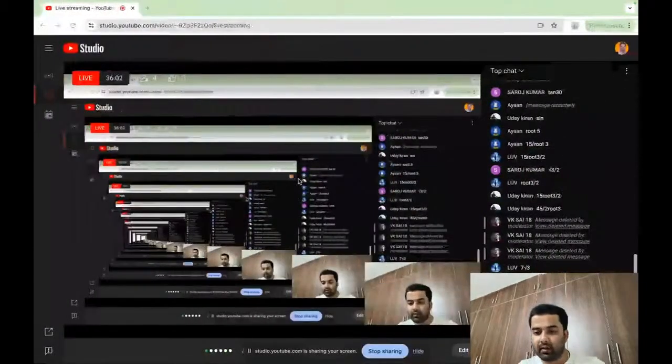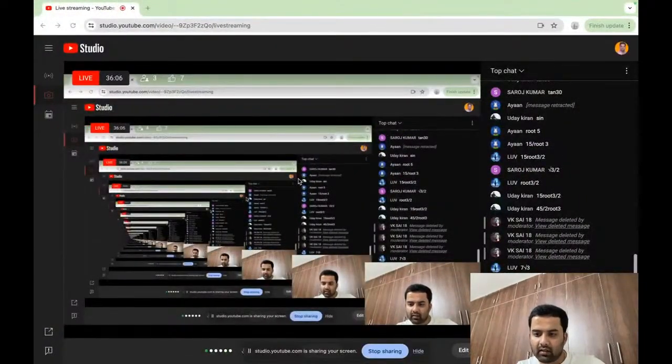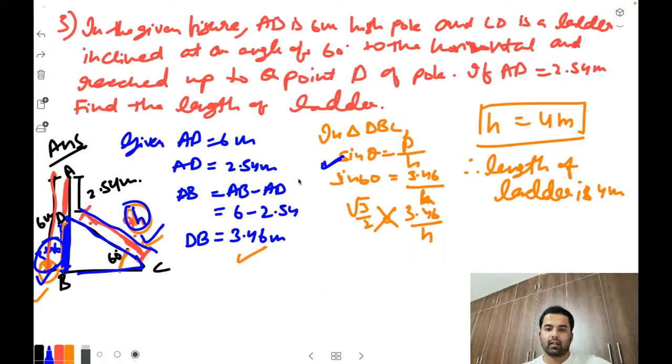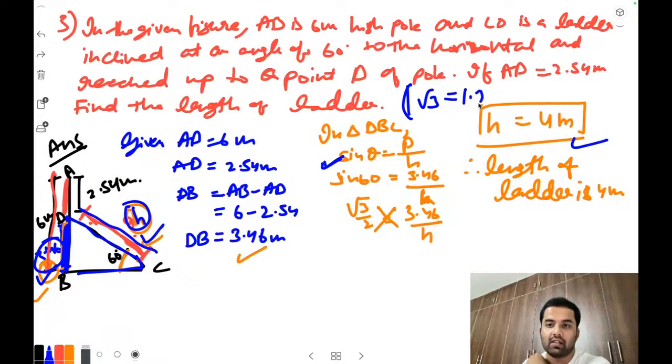Is it clear, everyone? Praneet Sai, you got 6.9? No, no chance. Root 3, do one thing now, Praneet and all. Here, actually, why I'm keeping this 4 meter directly is because in this question it is given that we have to use the root 3 value as 1.73.